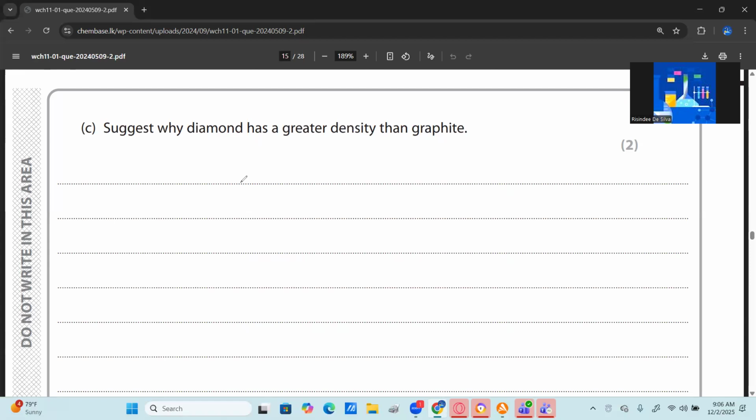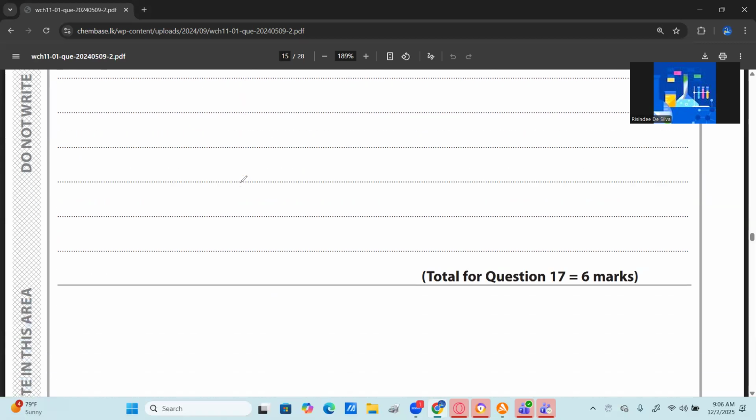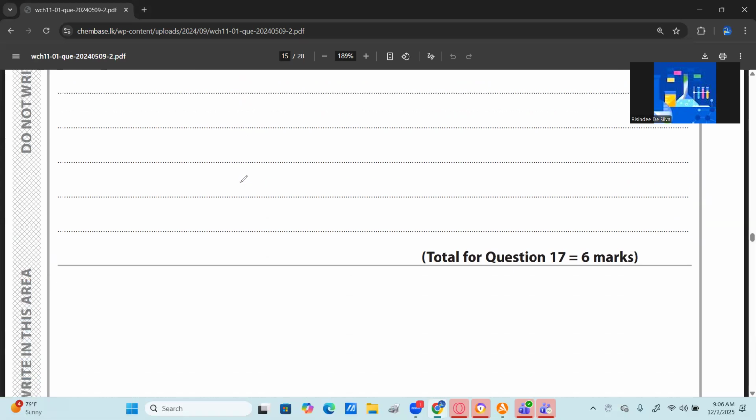Or if you mention the empty space, or a large distance between the layers, you also get marks. You have to mention that it has air, or some gaps between the carbon atoms. When you have air, the density decreases.